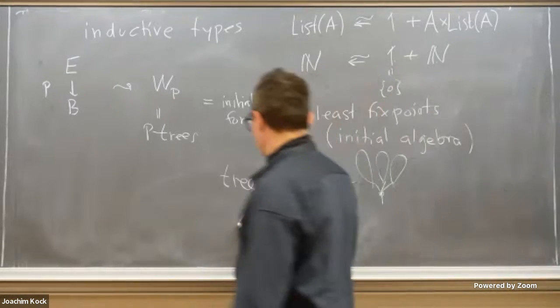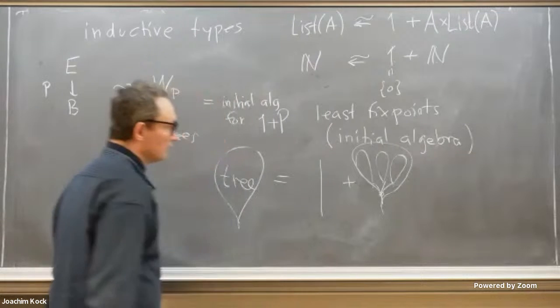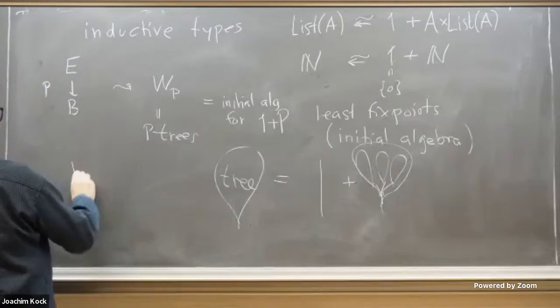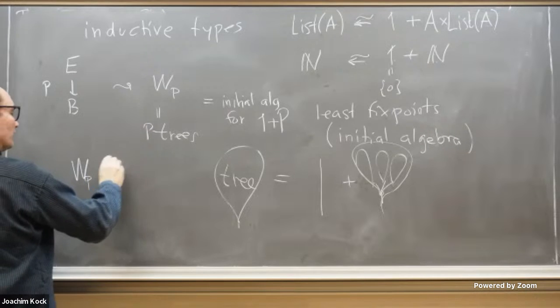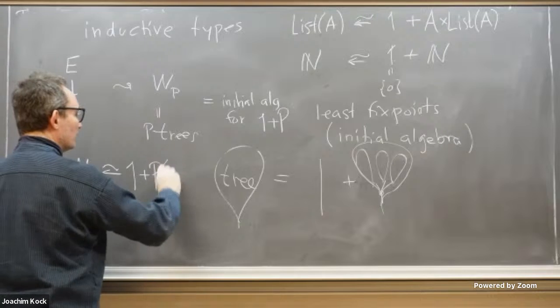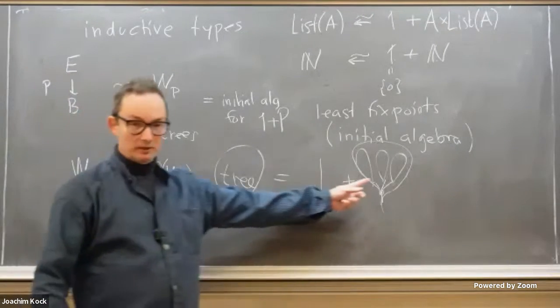So if this is the whole tree, then you see that tree here. So what we are saying is that WP satisfies the equation 1 plus P of WP. That's what this equation says.